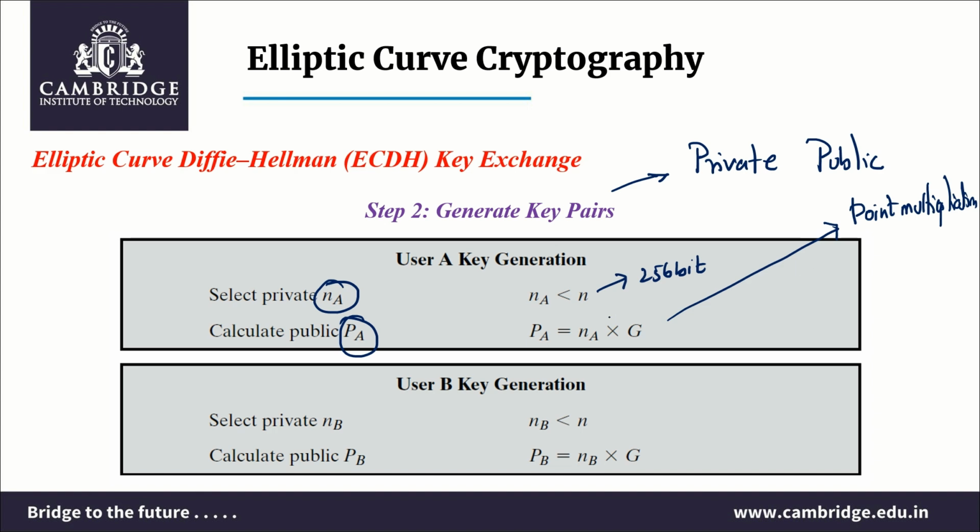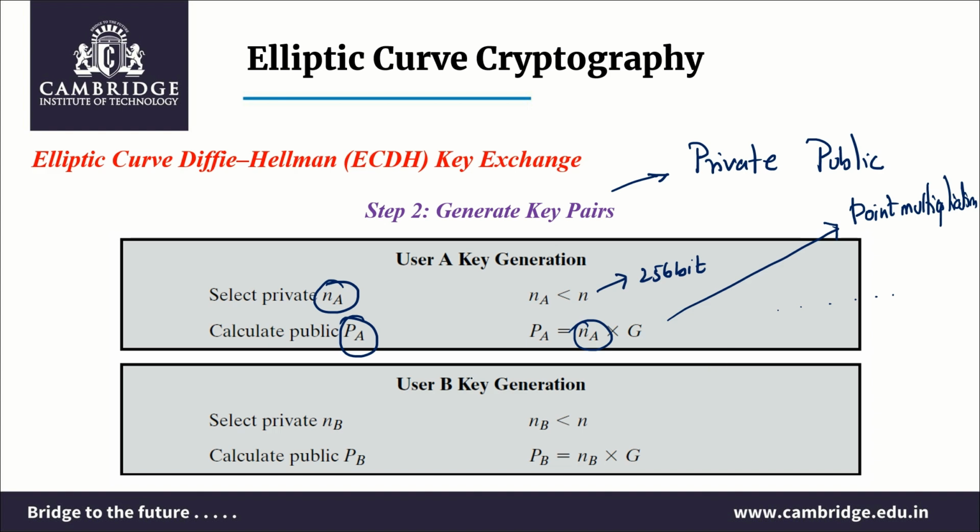So we have certain properties for this particular G. Just to perform the point multiplication, it's like saying that the point G is added n number of times. Point multiplication is nothing but you have G and you are adding it n number of times. That is what point multiplication gives us.